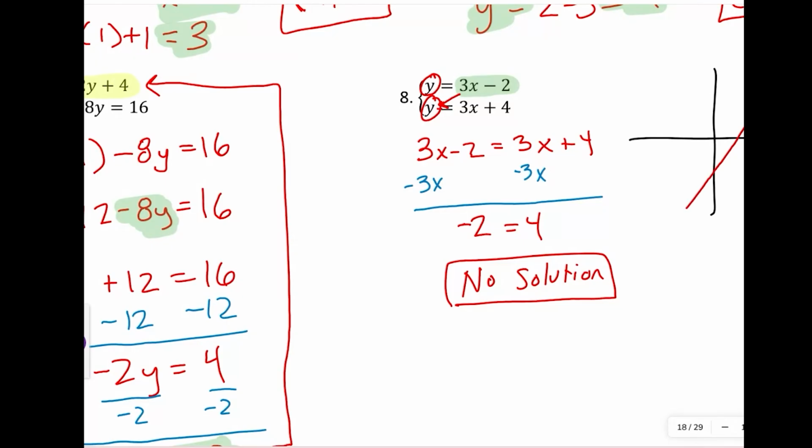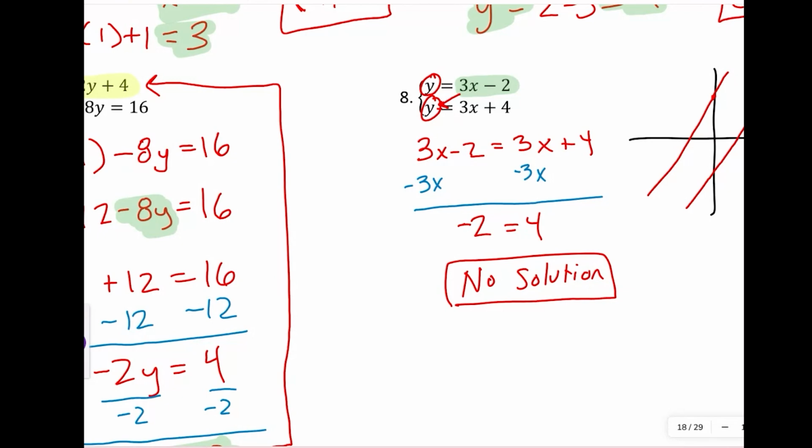The next one has a y-intercept of 4, but it also has a slope of 3, so it has the same rate of change. That's the key characteristic of parallel lines: they have the same slope. So if you ever notice the slope's the same but the y-intercepts are different, you hopefully recognize right away it's going to be no solution.